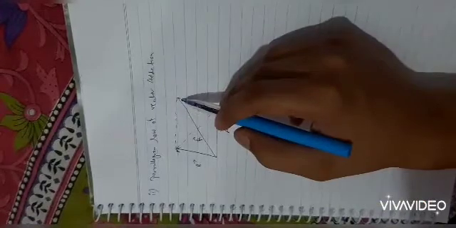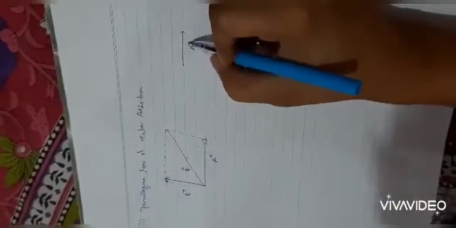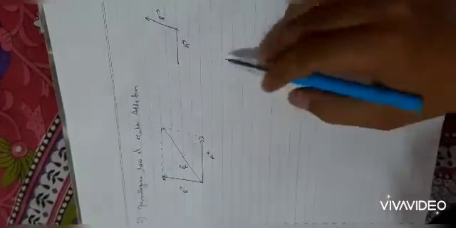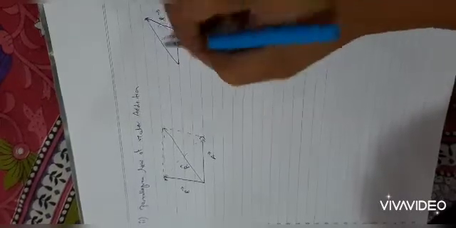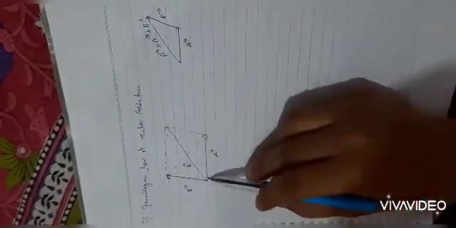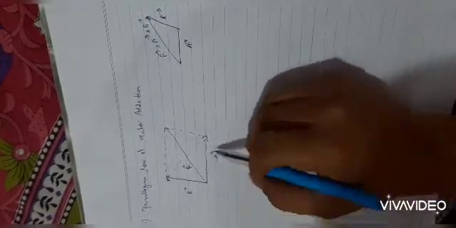Now suppose what we discussed in the triangle law. In the triangle law we have vector A and vector B, and we just connected them, and that was your resultant. We did the same in this because we know that a parallelogram has equal opposite sides.